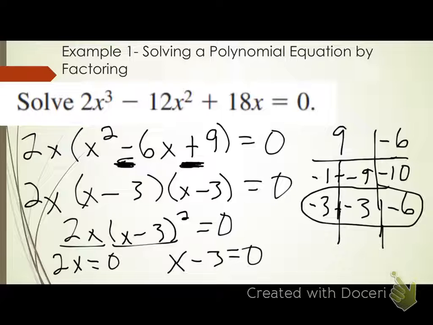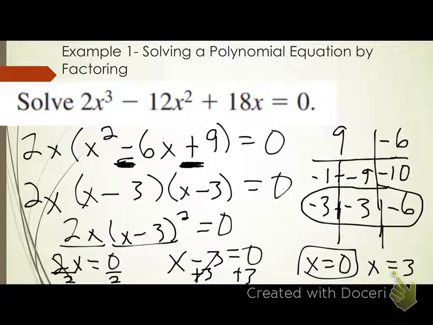So for 2x equals 0, how would I solve that for x? Divide by 2. What does x equal? 0. X minus 3 equals 0. How do I solve that? Add 3 to both sides. What does x equal? 3. How many 3's do I have? 2.